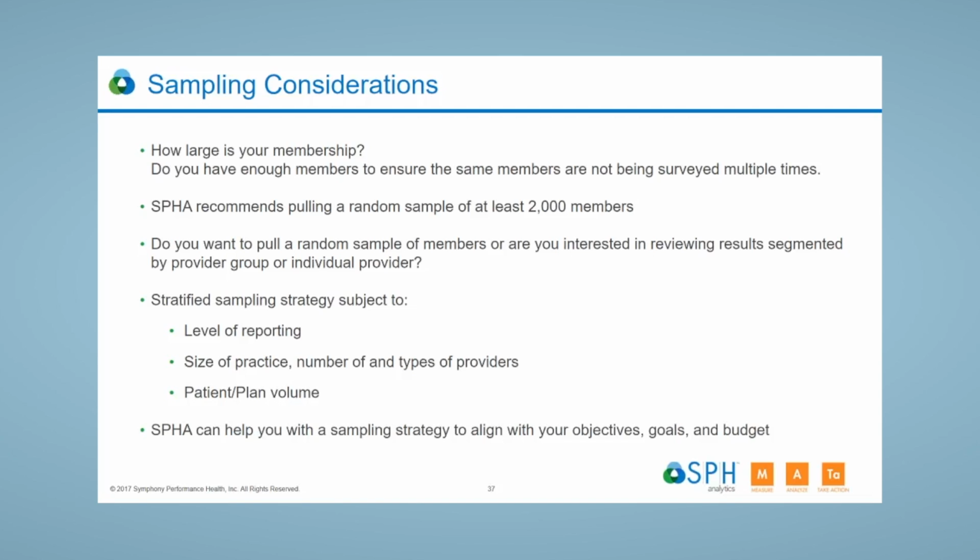A stratified sampling strategy like this is subject to how you want to see the reporting, the size of your practices, the number of types of providers, or different aspects of patient and plan volume. And this is something we would work with you to develop, a sampling strategy that's going to align with your objectives for these types of surveys.